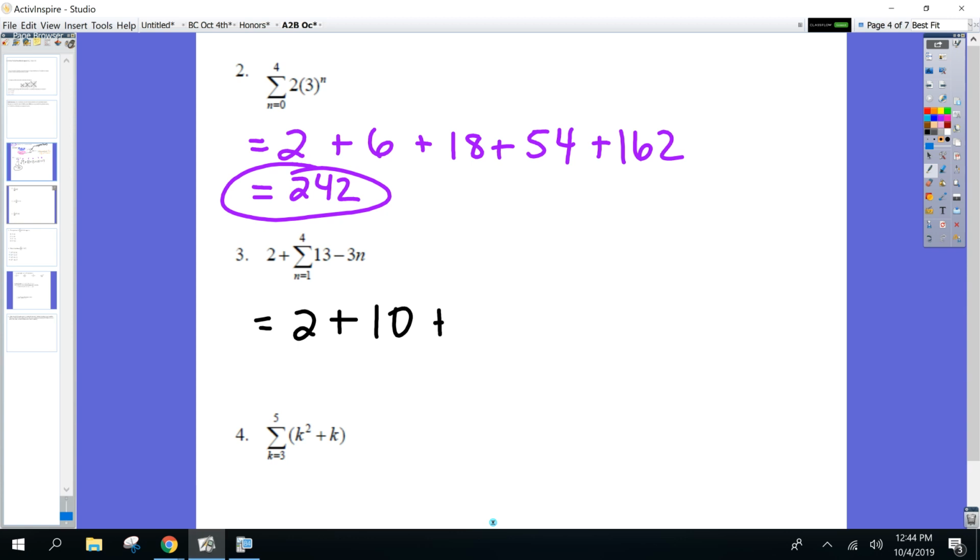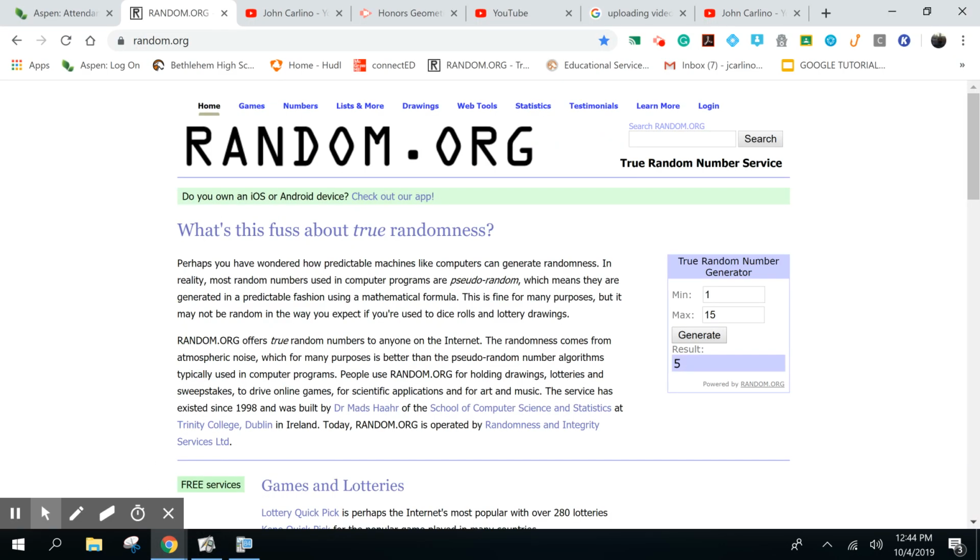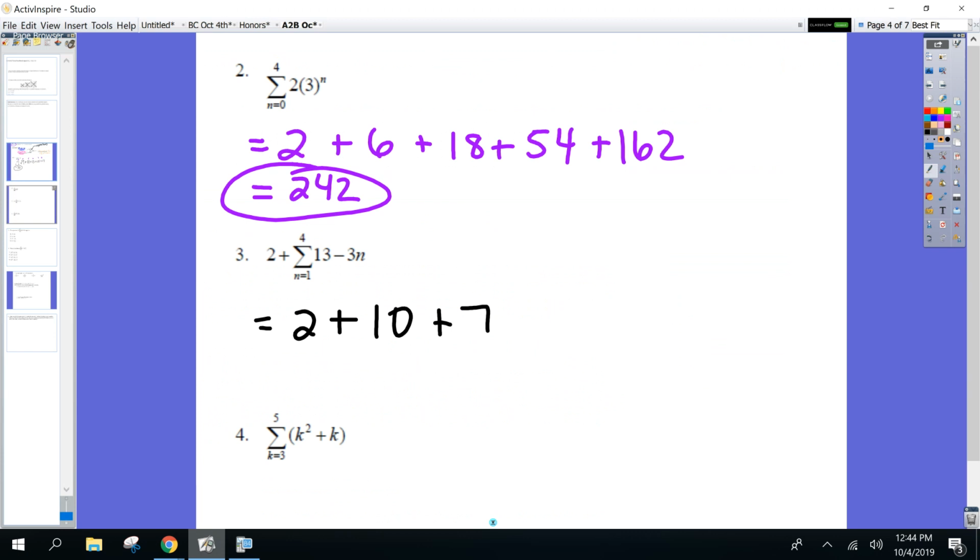7, thank you, yep. We just plugged in 1, we plugged in 2. Somebody plug in 3 for me. 13. One, 2, 3. Now we just got to plug in 4, right?